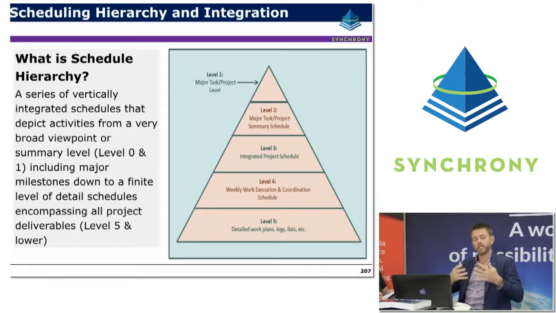Down to level 3, where we start to break things down into different disciplines. Down to level 4, where we get to deliverables within those disciplines and different work packages. And then down to level 5, which sometimes involves very detailed work logs and can involve external spreadsheets and some of those sorts of things. Now those terminologies are quite arbitrary.